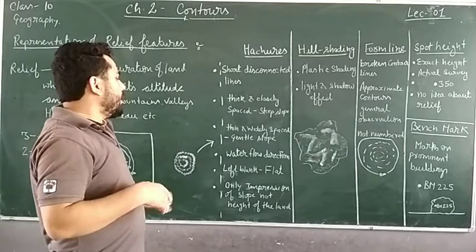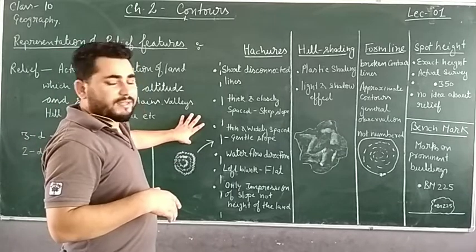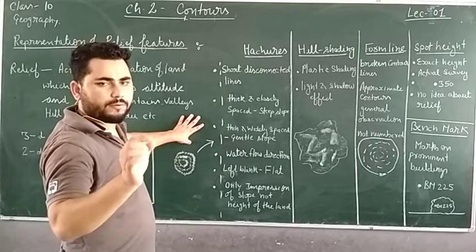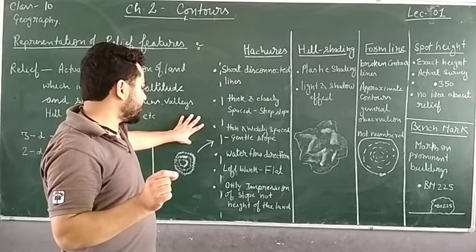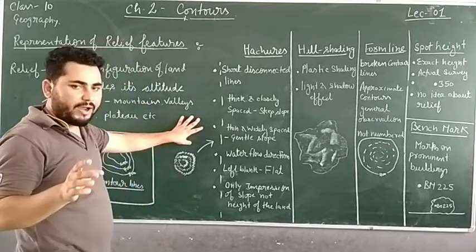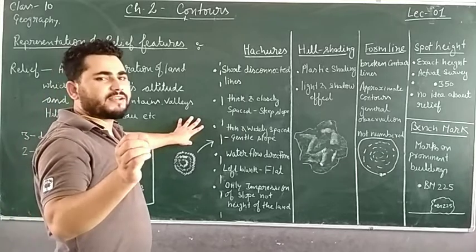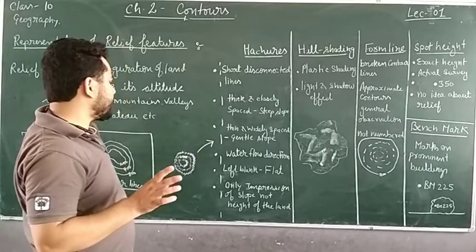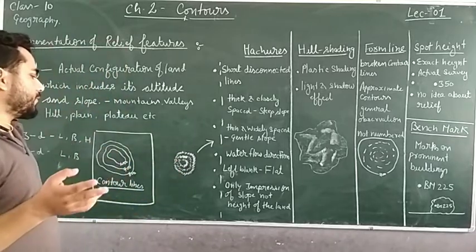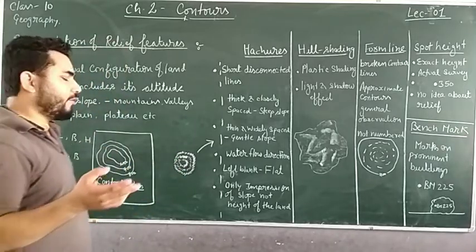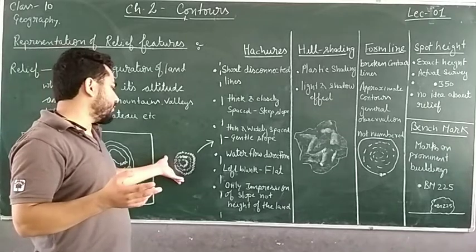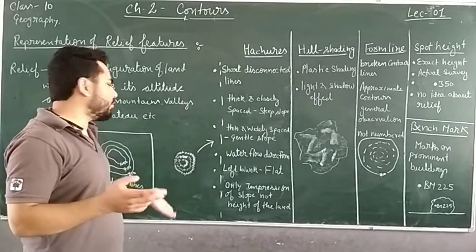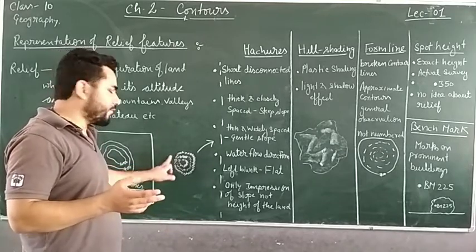It will not tell us the exact height of that particular landform, or give an exact idea about that landform. We can just have an impression of slopes, steep slopes and gentle slopes. We cannot come to know the height of this land.